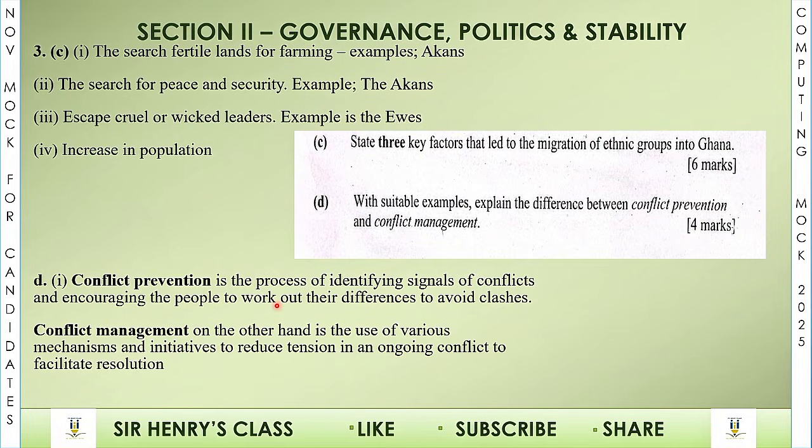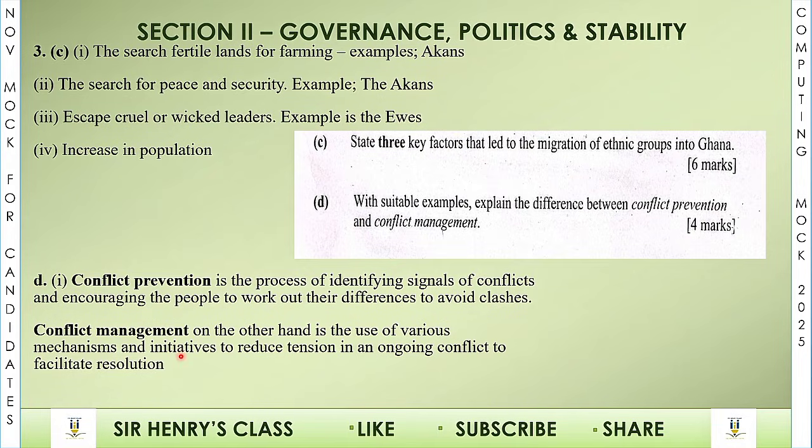An example that you can give is, for example, when the chief in a community calls families to sensitize them on the need to be peaceful. Here, the chief is trying to prevent it. The thing has not even occurred, but he's finding a way to prevent it from occurring.